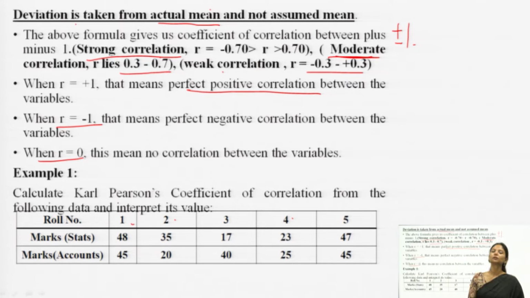So, n becomes 5. Now, we are trying to find out the marks of statistics obtained by a student and the marks of accountancy by a student. Is there any correlation between the two? Does a student who scores more in stats also score more in accountancy, or does a student who scores less in accountancy do well in stats, or does a student who scores less in accountancy also score less in stats?